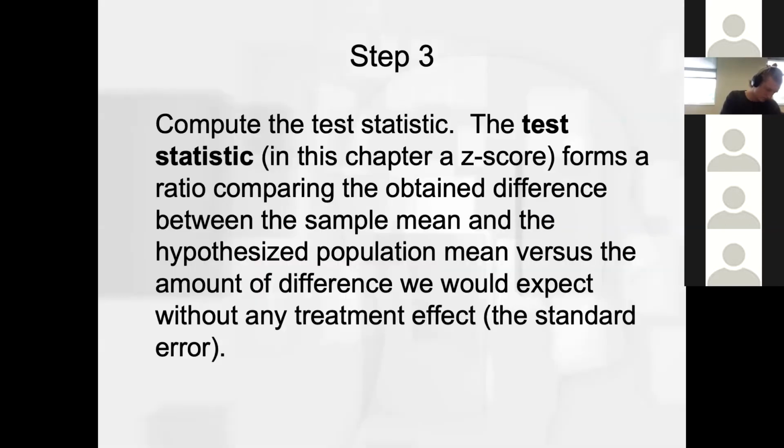So step 3 is then computing that test statistic. We know what we want our alpha level to be, and it's typically 0.05. We know what our null hypothesis is. We've gathered our sample. And now we're calculating our test statistic. This is the step that's going to be changing for the rest of the semester. In this chapter, we're looking at the z-scores.